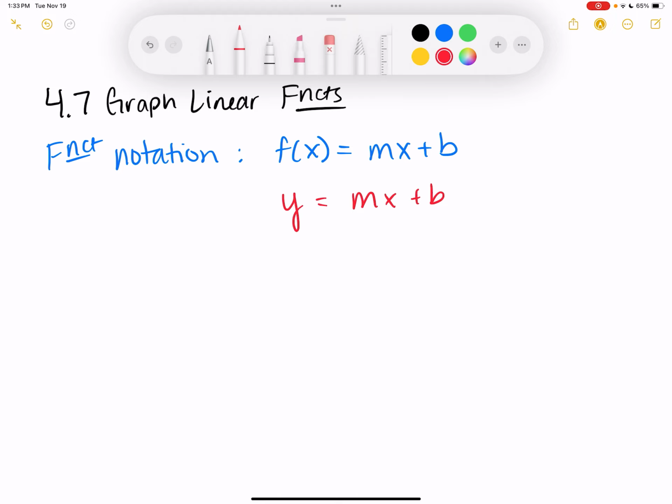All right. A family of functions is a group of functions with similar characteristics.